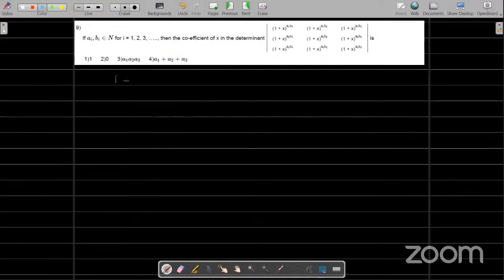So that is 1 plus x to the power of a1 b1 and 1 plus x to the power of a1 b2, and it goes on, right? Now if you notice, there is a certain set of constant, or rather common factors in the expression, right? Because it's a1 b3. Oh, it's a 3 by 3 matrix. Why did I put a dot?